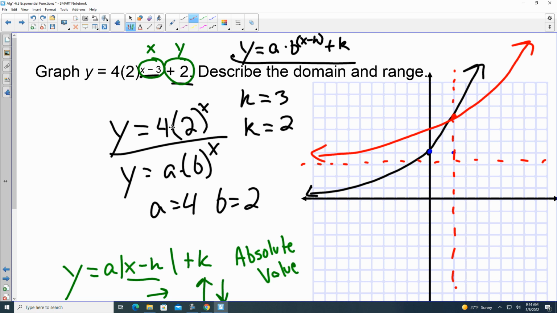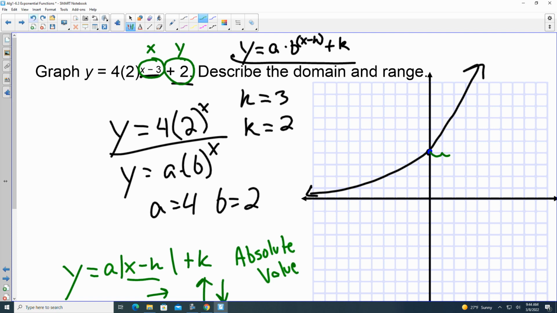It just moved to a 3 to the, actually it would be 3 to the right, 2 up. Hold on. Oops. So it's going to be 2. Sorry, my apologies. I did that wrong.